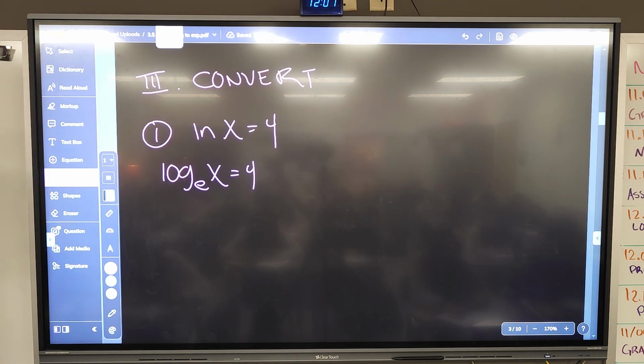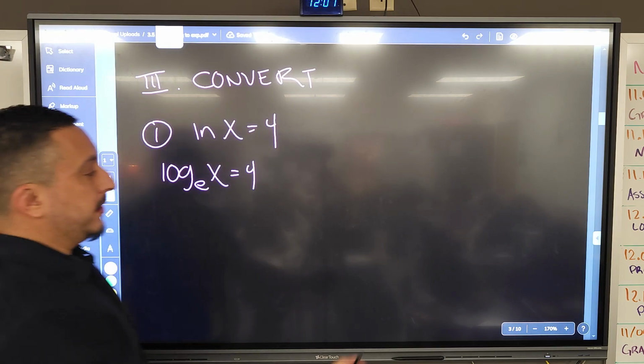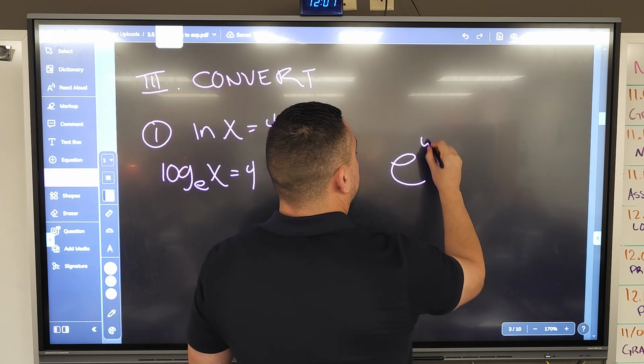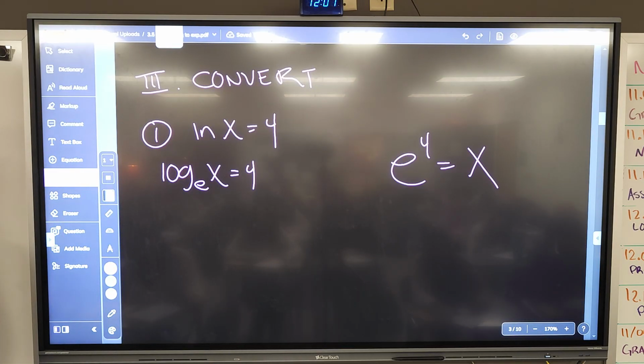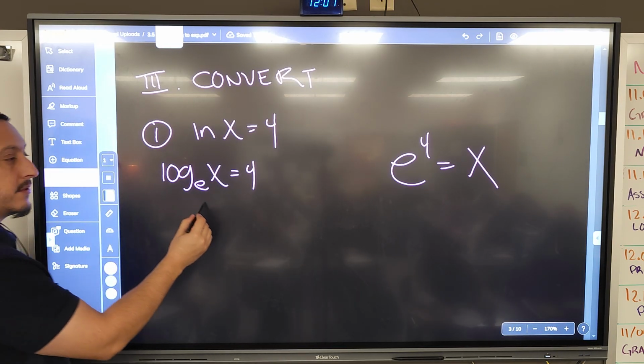So because it's log, that means you have to convert it to exponential. So the definition is very important because if not, you're stuck. Right? If you don't know how to do the definition, you don't know what the base is and stuff. So e, right, just the arrows.